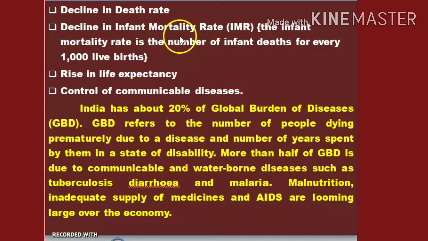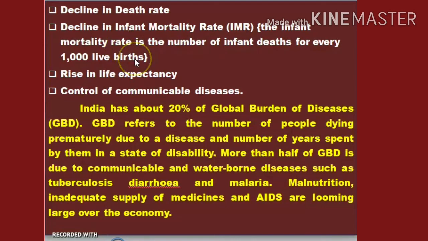And next is decline in infant mortality rate. So what is infant mortality rate? The infant mortality rate is the number of infant deaths for every 1,000 live births. So all the indicators have been assessed per 1,000 live births or 1,000 people. Infant mortality rate has reduced from 146 infants per thousand in 1950-51 to 37 infants per thousand in 2015-16.